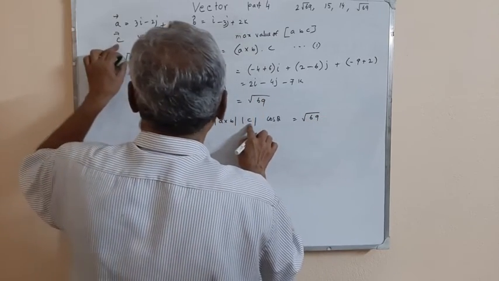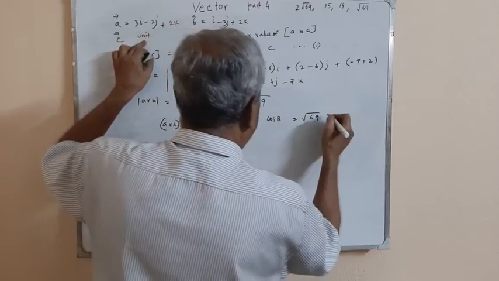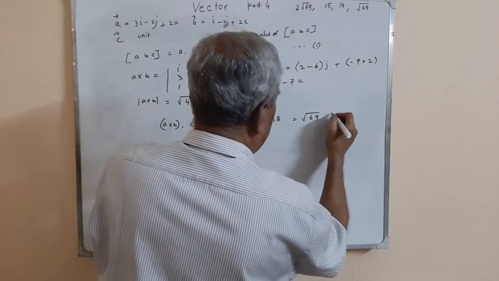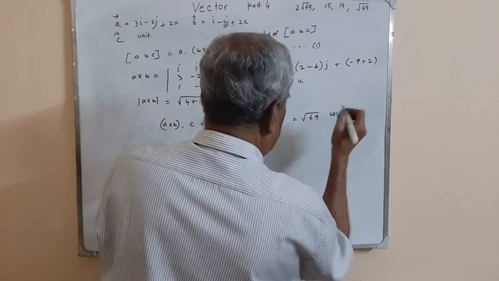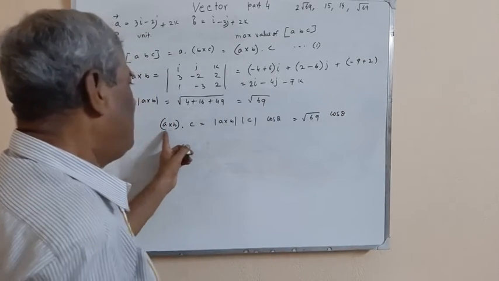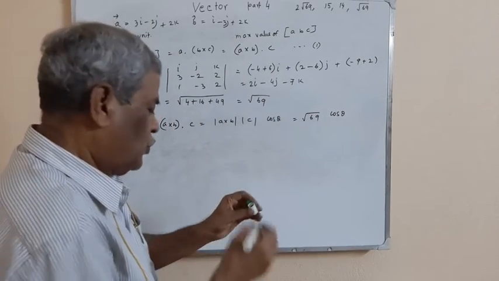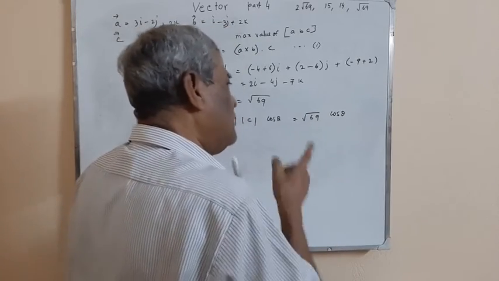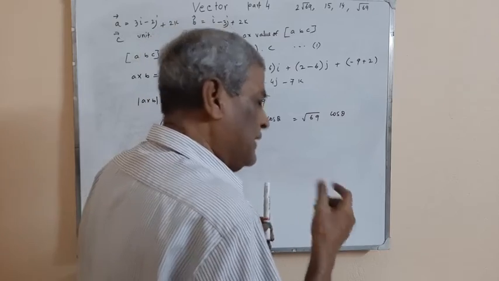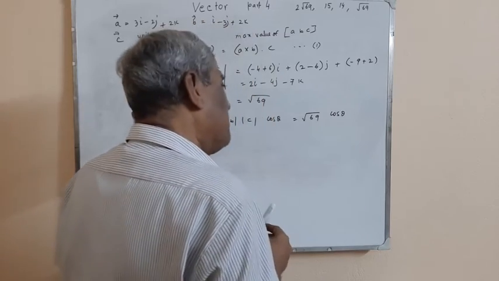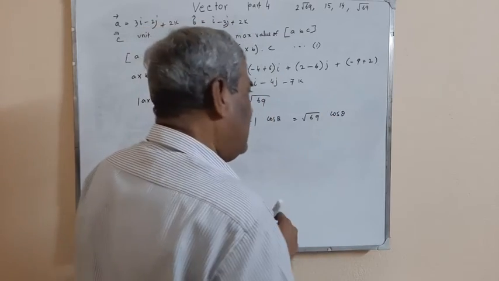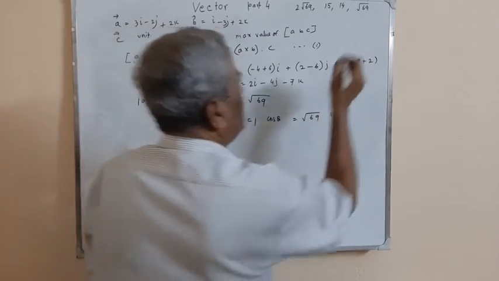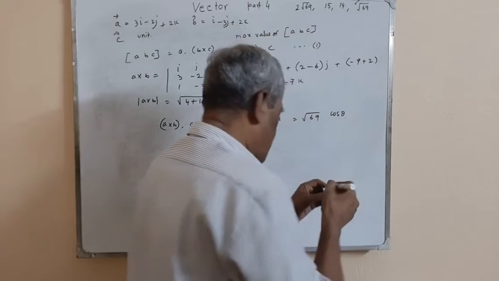Magnitude of C is given as a unit vector, so 1, and cos theta. So the value of this depends on theta, that is on cos theta. The maximum value of cos theta is 1, hence the maximum value of this is root 69.